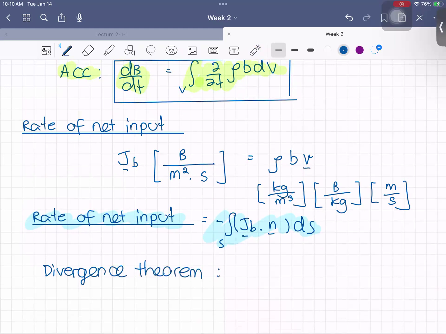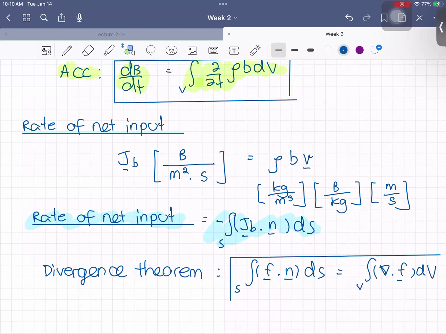Let's say that the integration of the function f dot normal vector n dS is equal to the integration of del dot f dV.